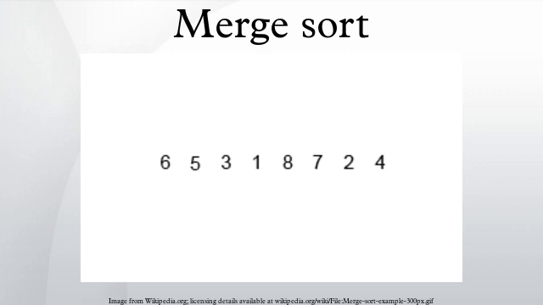Merge: 1, 2, 3, 4, 5, 7, 8, 9 | 0, 6. Merge: 0, 1, 2, 3, 4, 5, 6, 7, 8, 9. Tournament replacement selection sorts are used to gather the initial runs for external sorting algorithms.